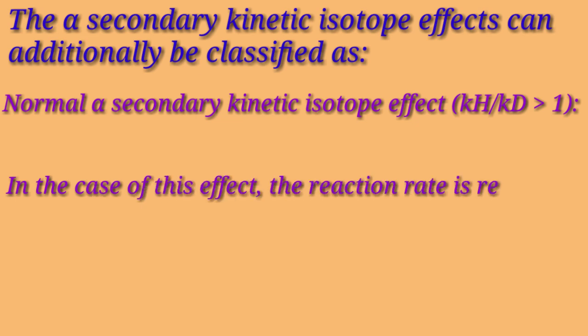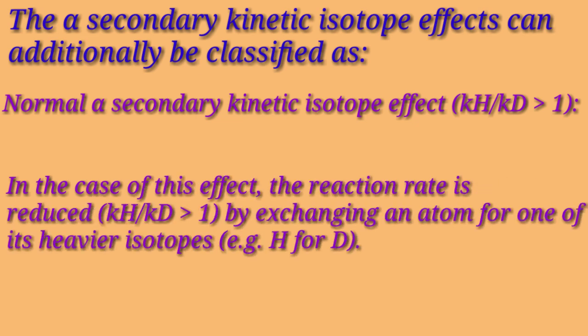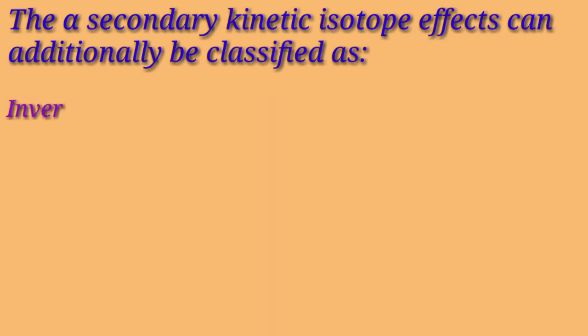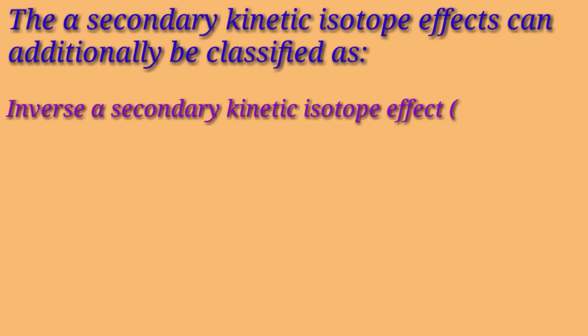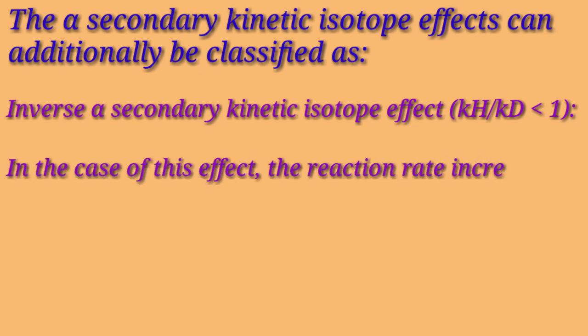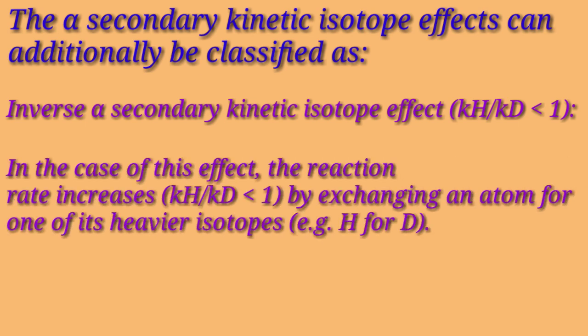In the case of this effect, the reaction rate is reduced. And next is inverse secondary kinetic isotope effect, where kH upon kD is less than 1. In the case of this effect, the reaction rate increases.